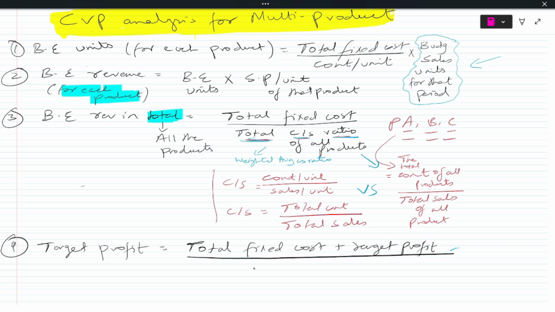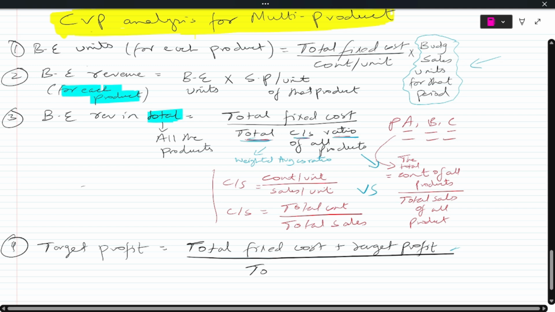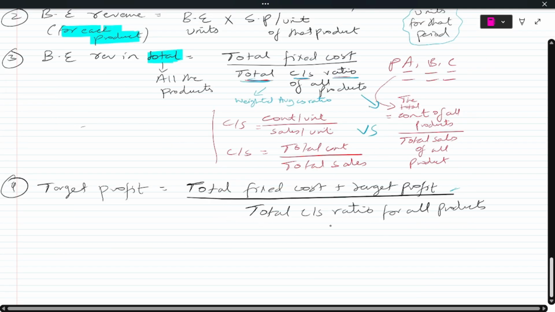And then we used to divide it by the total CS ratio, remember? But now over here, we are going to divide it by the total CS ratio, but obviously it is going to be for all products, right? You also call this the weighted average CS ratio.